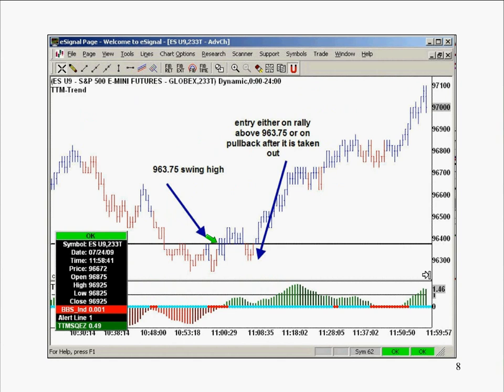Secondary entry would be on a pullback after the breakout. So that would have been after you pulled back right around this area. What I look for as far as a pullback, a rough idea, this is illustrated on a 233 tick chart, I typically look for a retracement of the prior low to high swing, and you want it to come in anywhere between 50% to 786.